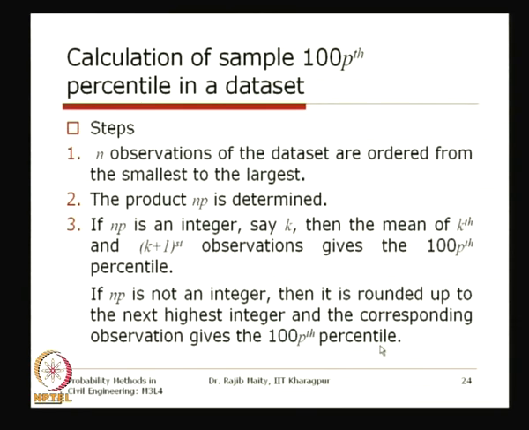This can also be done by linear interpolation between the kth and the k plus first observations, or for simplicity's sake it can be taken to the nearest integer value, and that value will give the 100pth percentile.